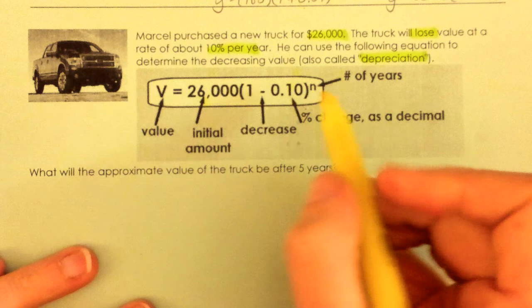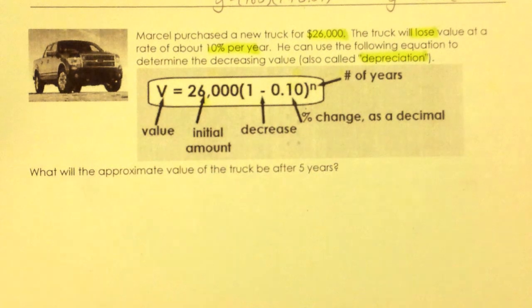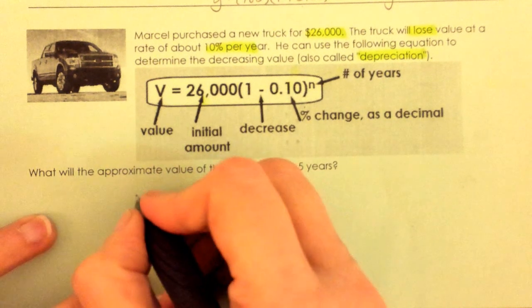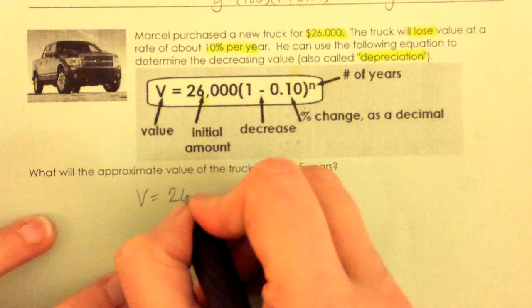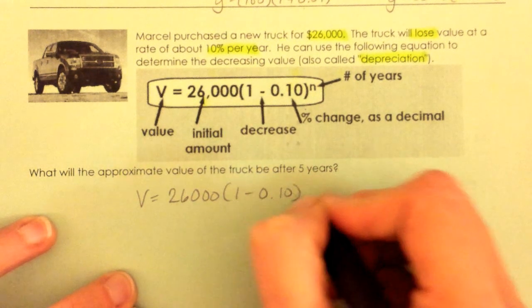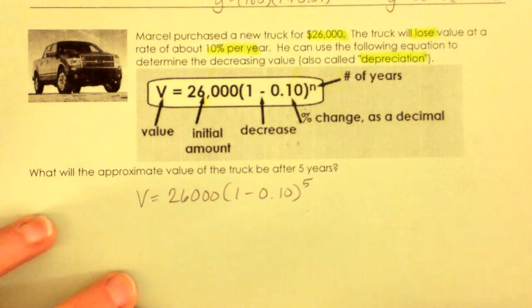So they have written this equation, which is an awesome equation. If we want to figure out what this is, we could put this in y equals, but we can also just go to the home screen and write v equals 26,000 times 1 minus 0.10 to the 5 years.